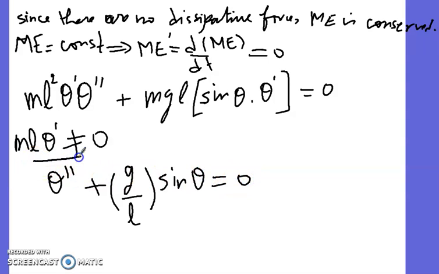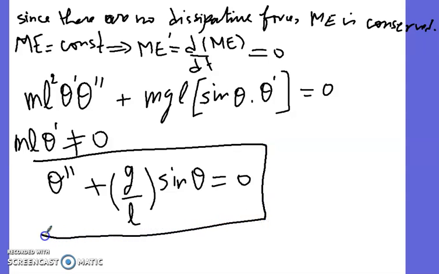This is the second order differential equation, and as I explained in the previous videos, we call it second order because this is the second derivative. Don't forget, the function is theta. This is the function which varies with time, and this is the second derivative of the function.